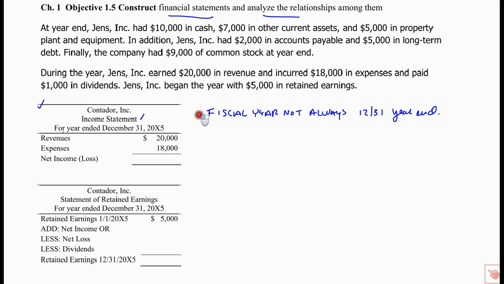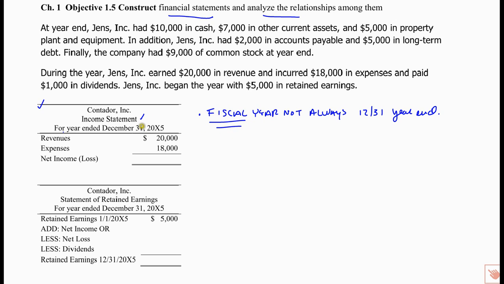Some companies have year ends on June 30. That's the second most popular. But you can have a fiscal year end set at any time. And once you set it, you stick with it. There are companies that have their fiscal year ends every month of the year. By the way, fiscal year is a financial year.